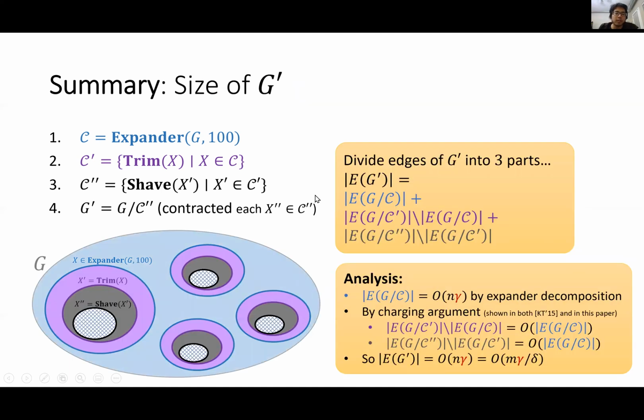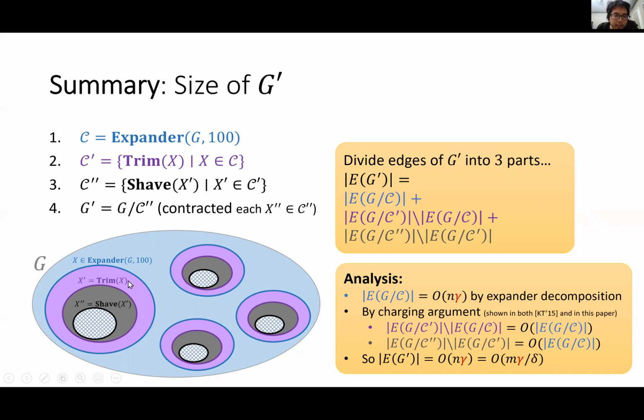Okay, so now it remains to analyze the size of G prime as well, but this is also quite easy. Let's look at this. The number of edges in G prime is just all the edges excluding the part that you contract, right? So you can just divide it into three parts.